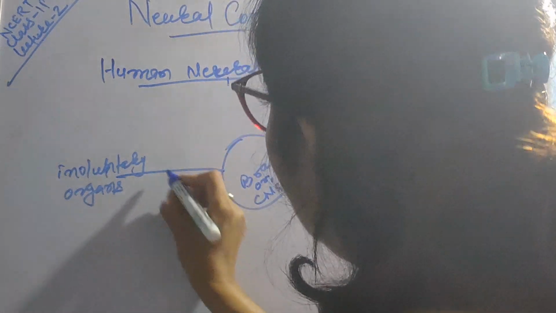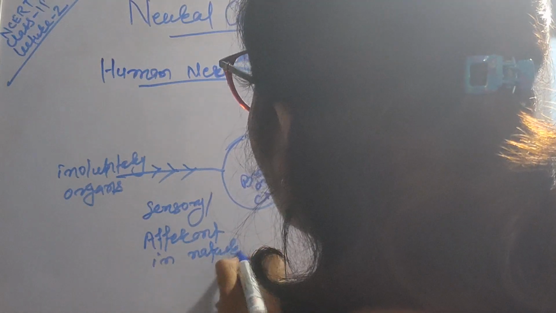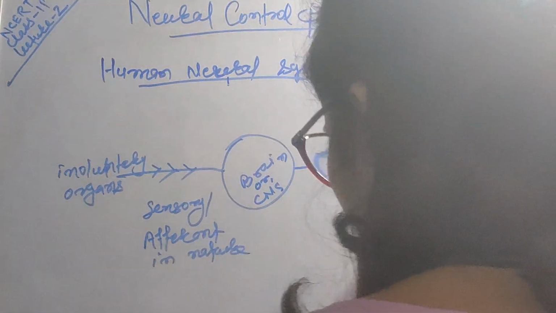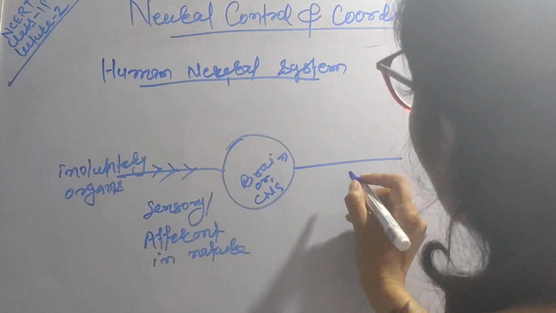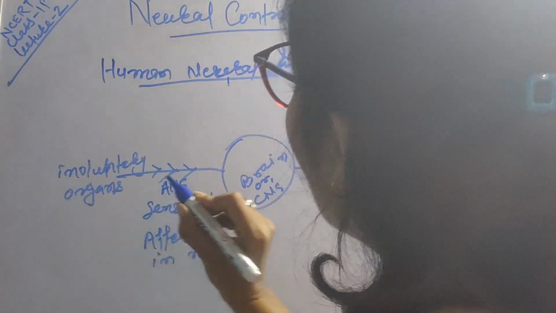So this system is the sensory or afferent in nature. And this system works as the autonomic nervous system.